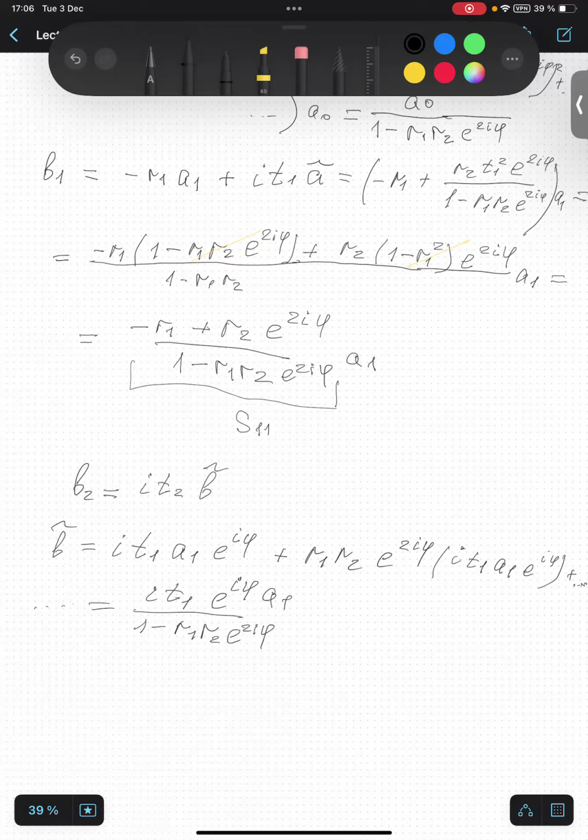Yes, and finally B2, nothing else than T1 T2 e^(i phi) A1.